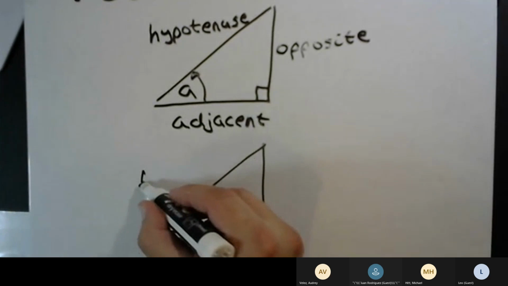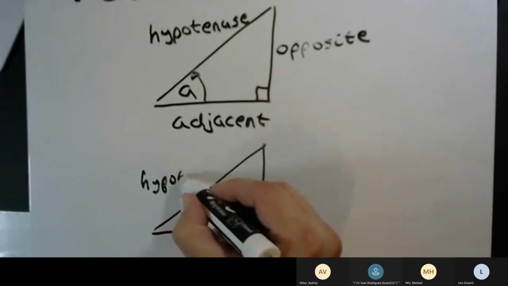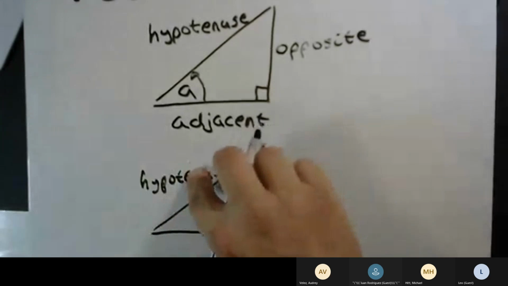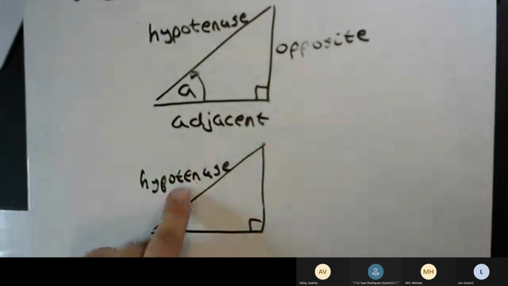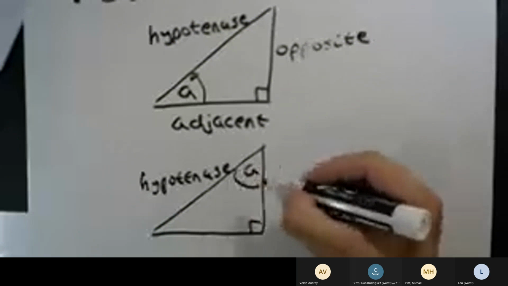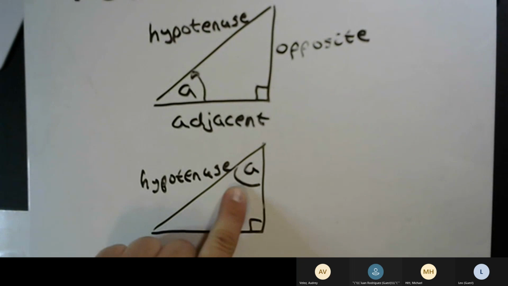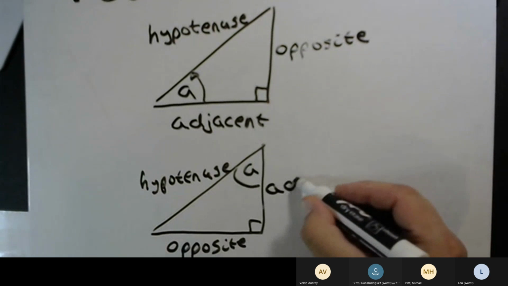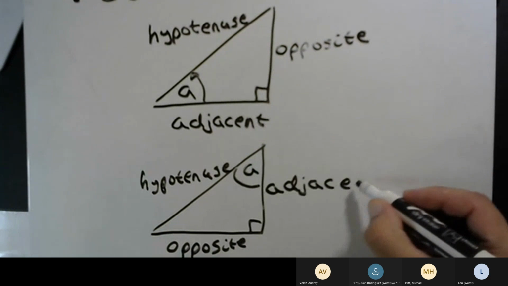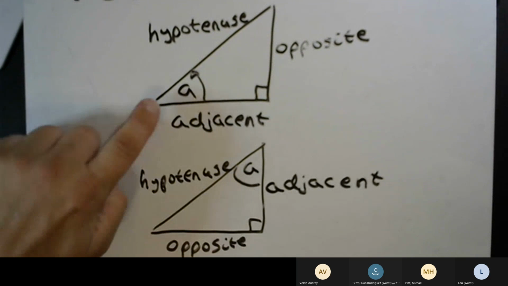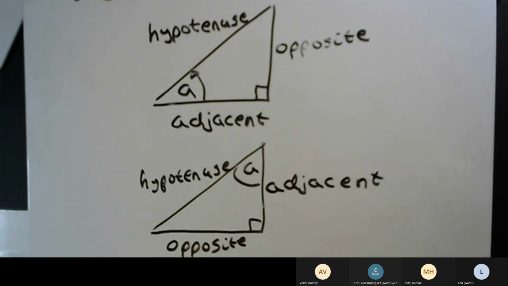Again, the hypotenuse is always across from the 90-degree angle. That's never going to change. But if we choose the angle up here, this is opposite, and then this side becomes the adjacent. So opposite and adjacent can switch depending on where the angle is located.